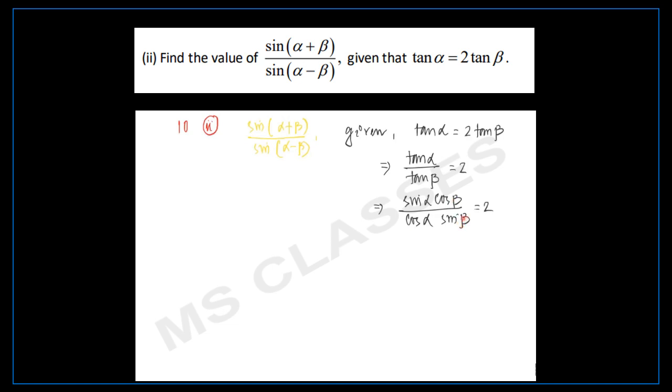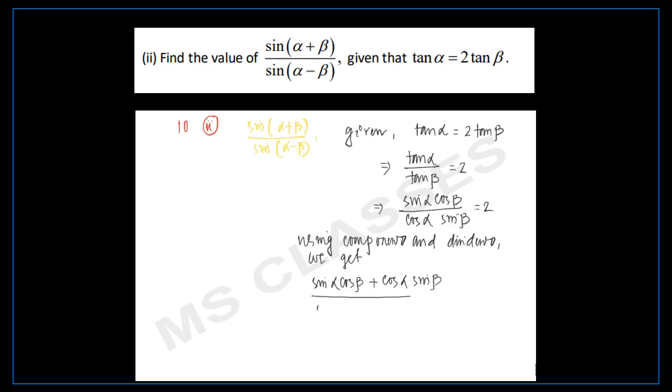So we apply componendo and dividendo. We get sine alpha cos beta plus cos alpha sine beta, divided by sine alpha cos beta minus cos alpha sine beta, equal to 2 plus 1 by 2 minus 1.